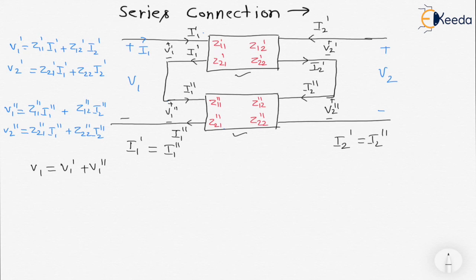The equation correspondingly in terms of V1 and V2 for the first network is given here, and for the second network it is given here.